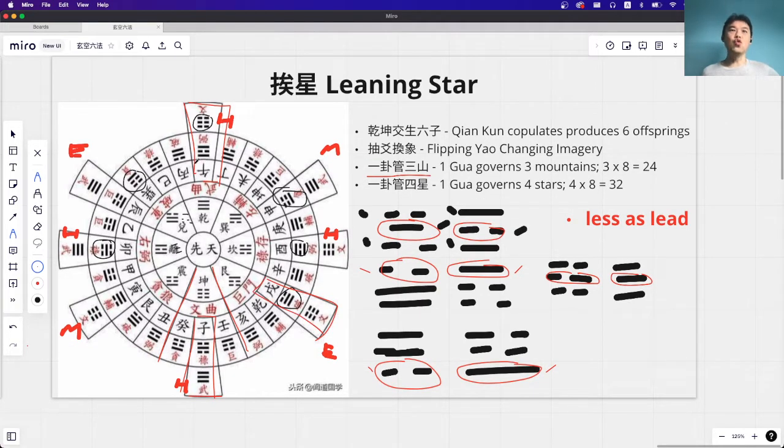You know, N2, S2, human dragon, middle. NW1, SE1. Okay, 1, Earth dragon, first one. Alright. And Zhen, Xun. Xun and Zhen.